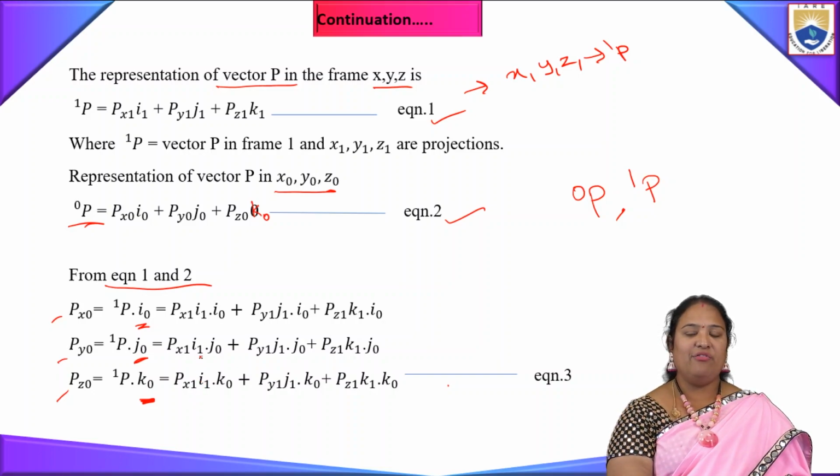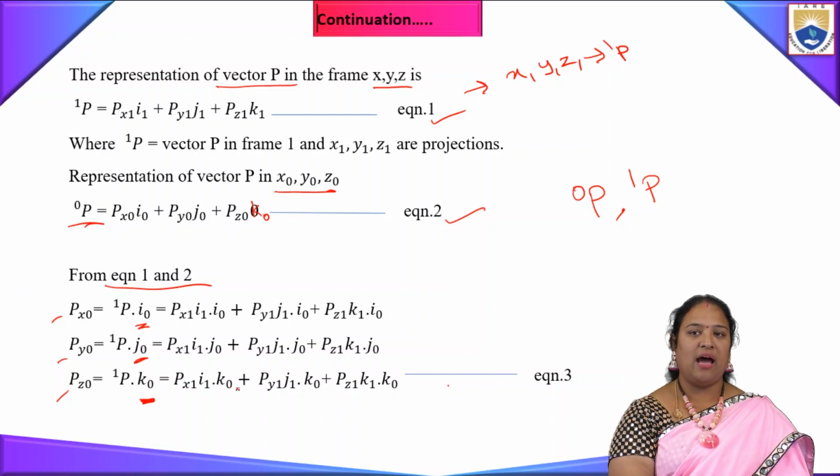Now thirdly, for the unit vector k0, we get the equation as px1 i1 k0 plus py1 j1 k0 plus pz1 k1 k0, which we consider as equation 3. So here we have the equations for the unit vectors x0, y0 and z0.